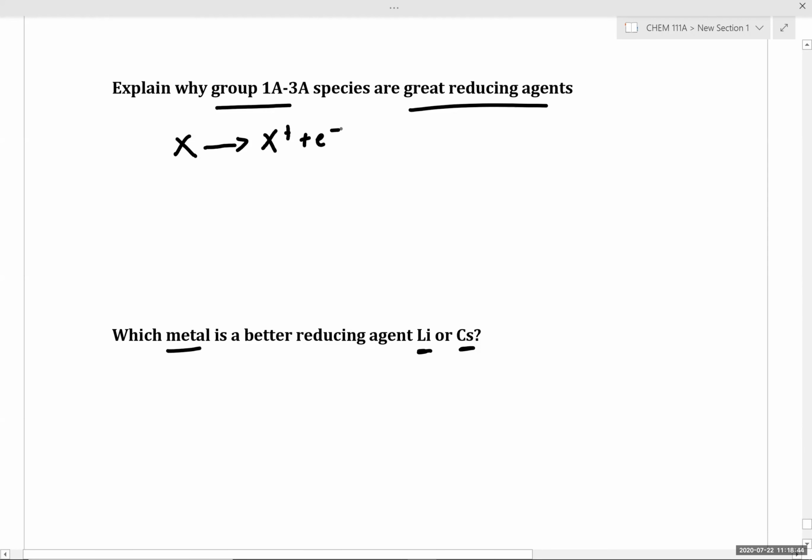So your explanation should be based on what periodic property? Ionization energy, exactly right. We'll discuss this example in about 3 minutes, and let's try to get a few responses in the chat in the meantime.